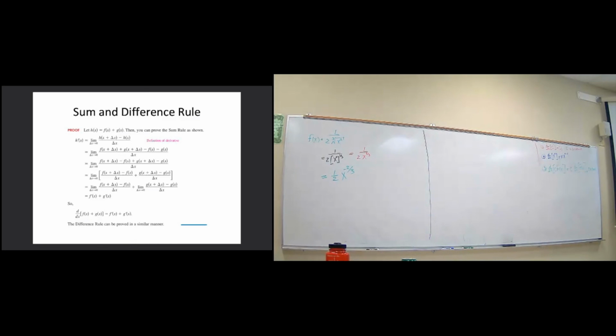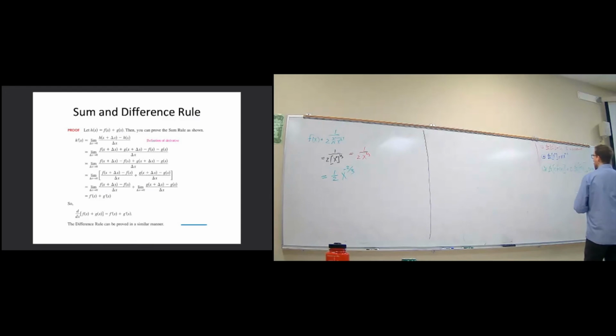Then we can break up these two fractions. But if we break up these two fractions, then we can break up the limit as well, right? We can apply the limit to each of these terms independently. Well, that's just like finding the derivative of f and the derivative of g and adding them back together.